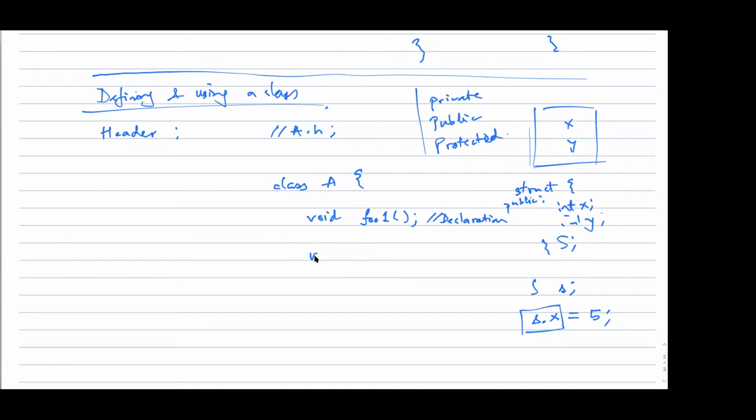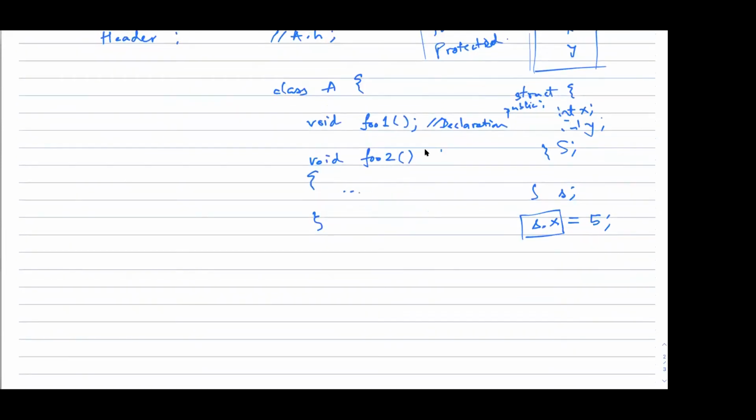But when you have void foo2, let's say another function, and you actually define it inside the class itself, right? Then this is a definition of the function. But very importantly, when you are doing this inside the class, then this function will be inlined.